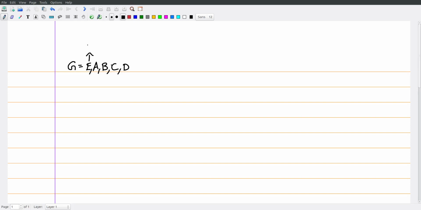E is the identity element, so I am writing it separately. F and so on.